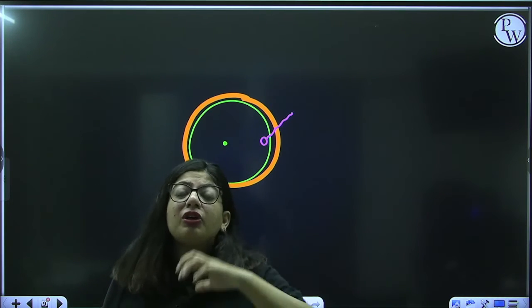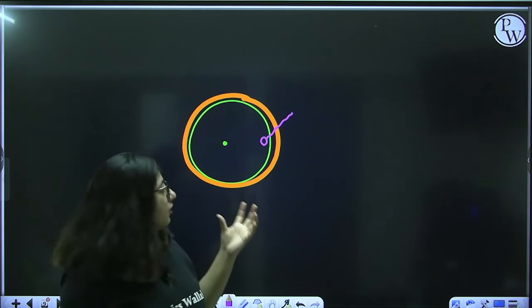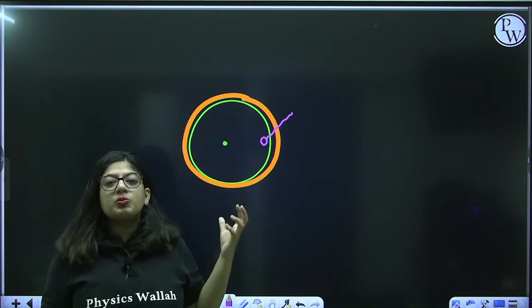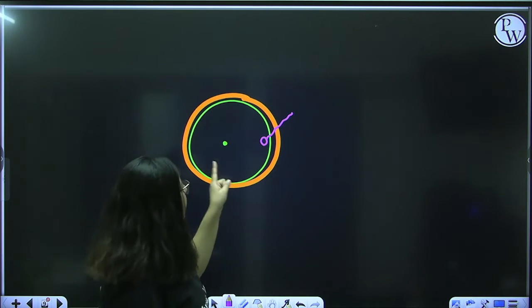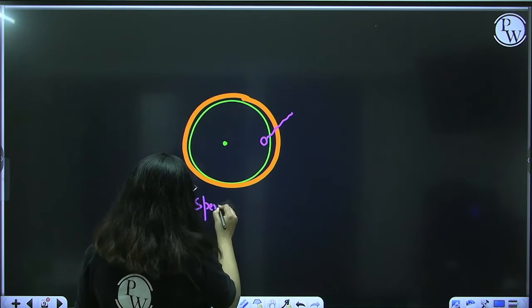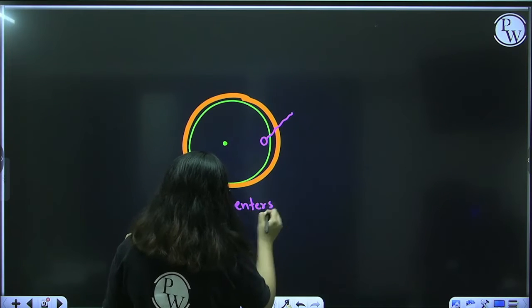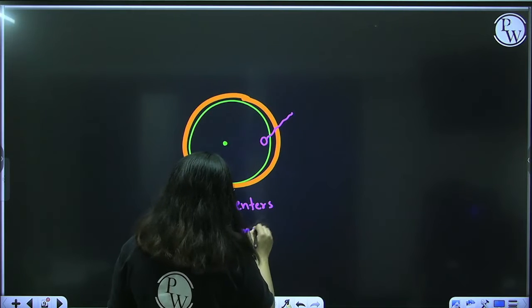As a result, meiosis 2 will be completed and this oocyte will complete its meiosis to form ovum and a polar body. So you can see here when it touches the cytoplasm, I am writing here also, sperm enters cytoplasm of oocyte.